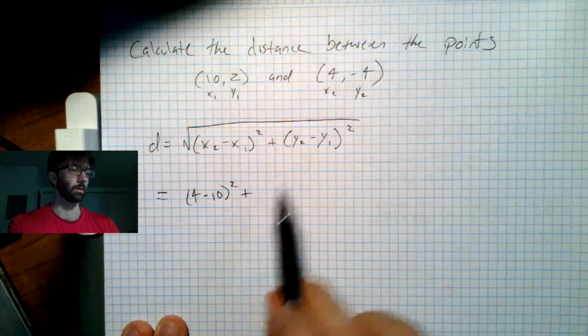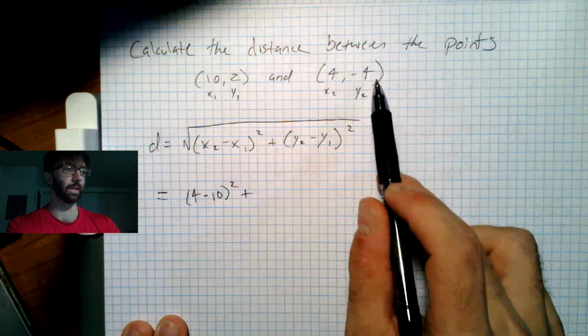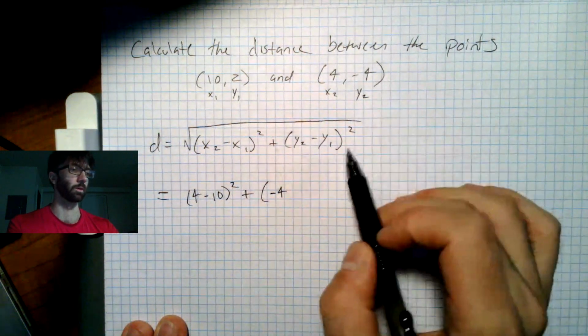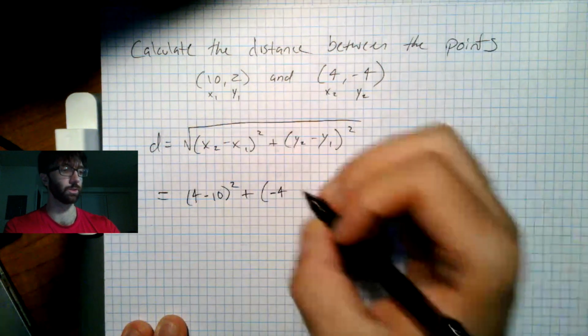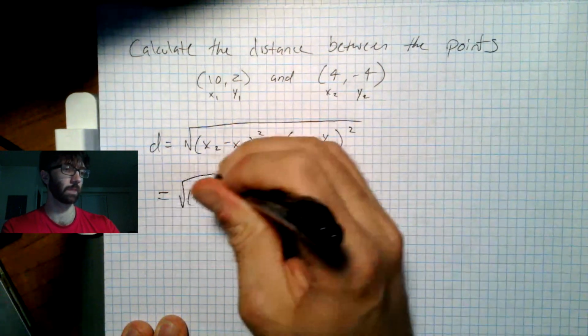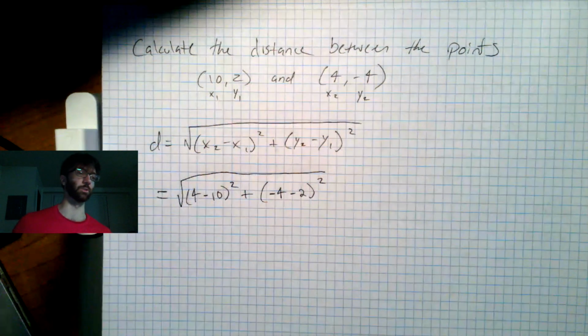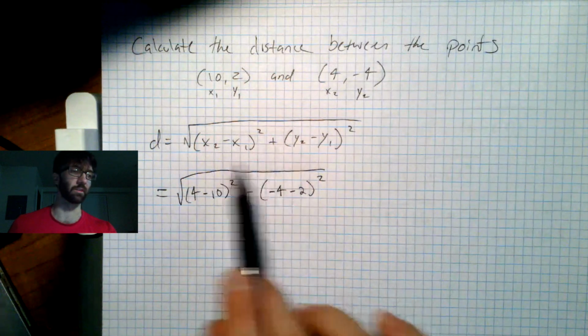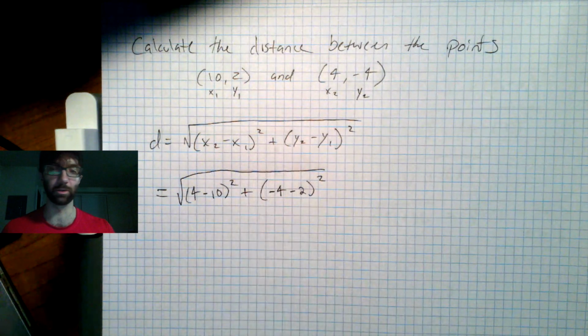And then we're going to take y sub 2, which is negative 4. And we're going to subtract y sub 1, which is 2. Okay, so all I've done here is substitute. It's the same exact expression, except instead of variables, I've just substituted in my numbers.